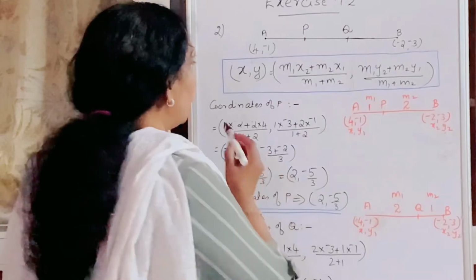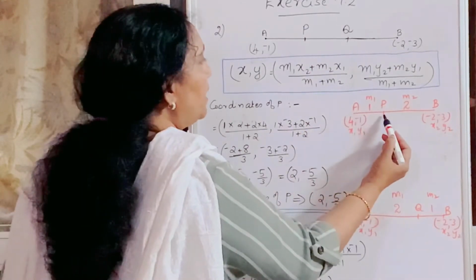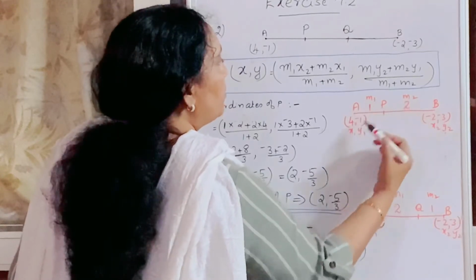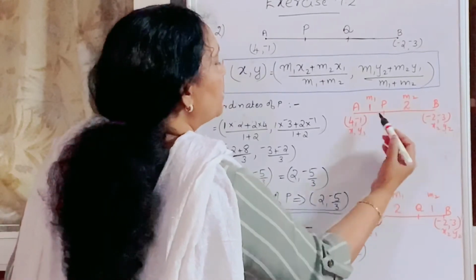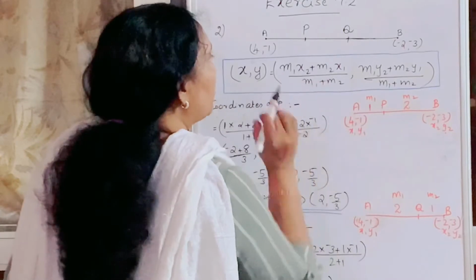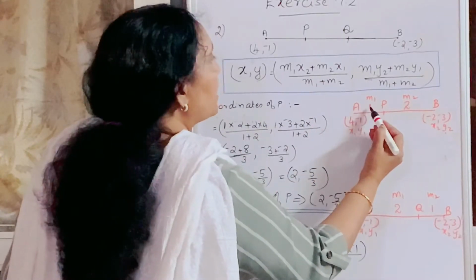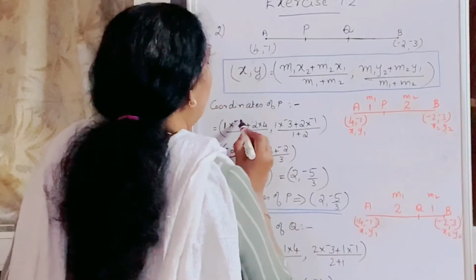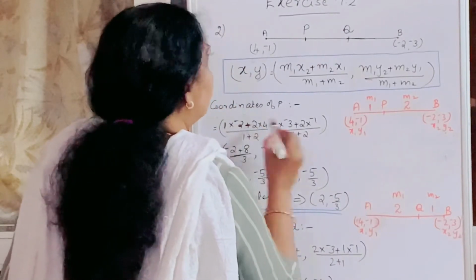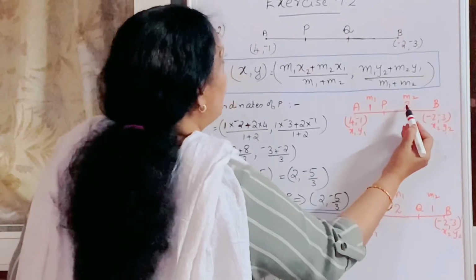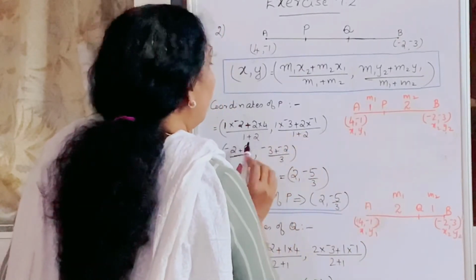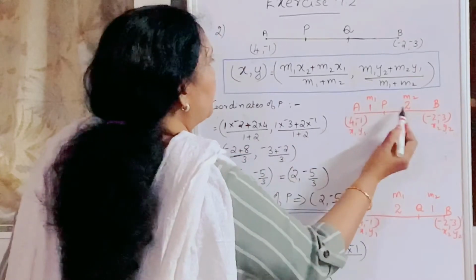Look here, coordinates of P. P divides AB in the ratio 1:2. So m1, m2, this is x1, y1, x2, y2. Now substitute these values in the formula. m1 x2, that means 1 into negative 2, plus m2 x1, that means 2 into 4, divided by m1 plus m2.